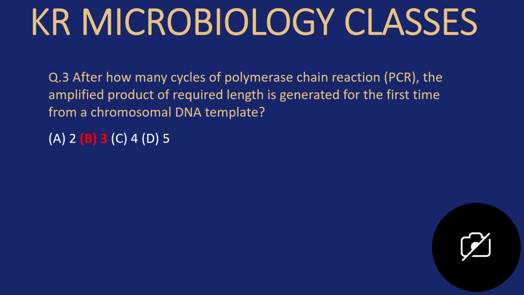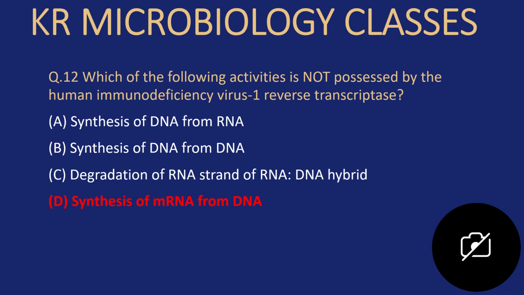In the second cycle, the unnecessary regions are cut down, and we will get intermediate length DNA, and in the third cycle we will get the exact length DNA for the first time in that PCR. So the answer is the third cycle.